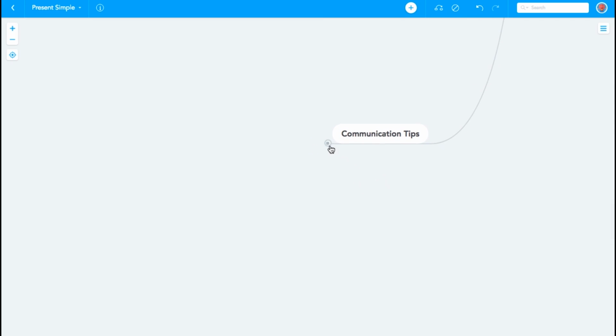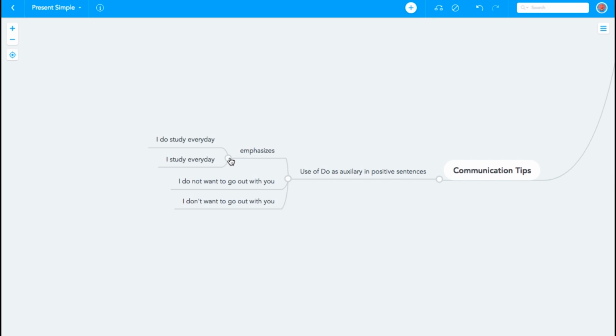Here, our communication tip involves the use of the auxiliary in positive sentences to emphasize what we are trying to say. All right? So, as in the example, we have two different ways to say this. Number one is, I study every day.